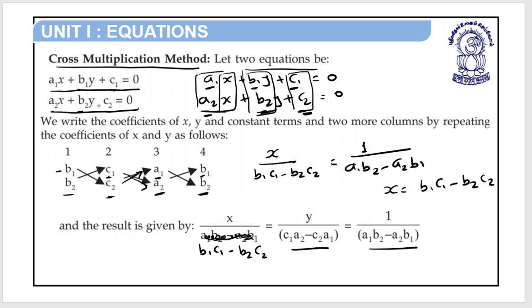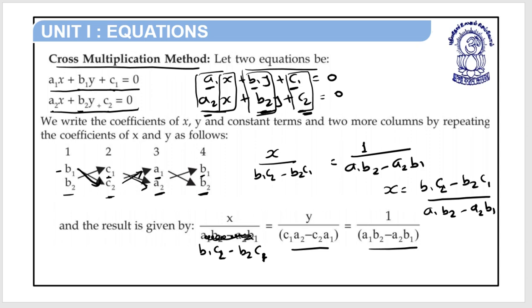So x is equal to B1 C2 minus B2 C1 upon A1 B2 minus A2 B1.